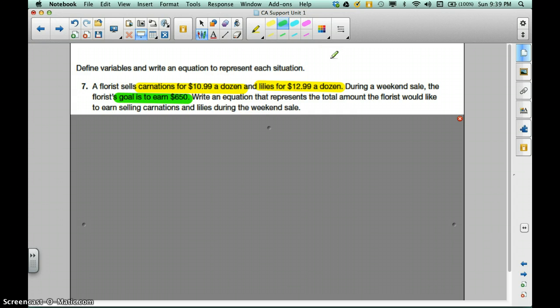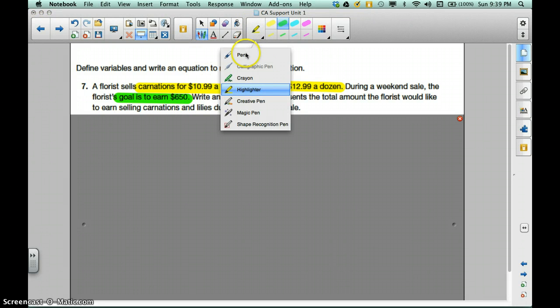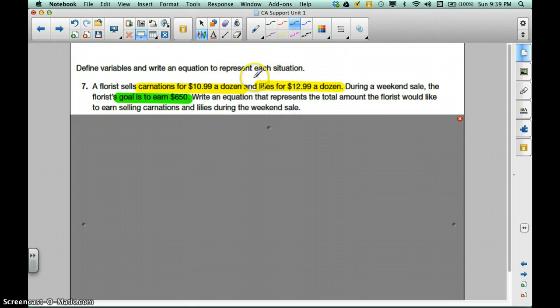So if you think about what that means, then however much money, the total money we make on carnations plus the total money we make on lilies, we want that to equal $650. So you have to get the idea of what you're doing first. And you might actually write in that the fact that it's "and" means plus here.